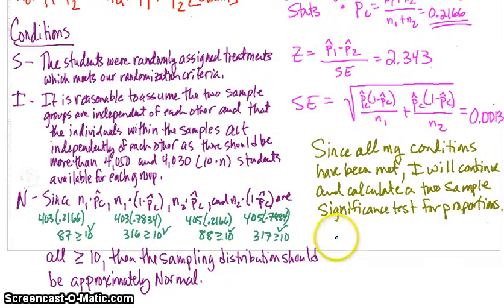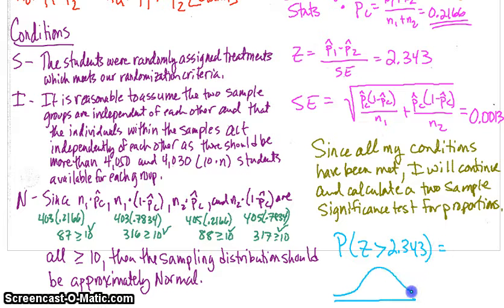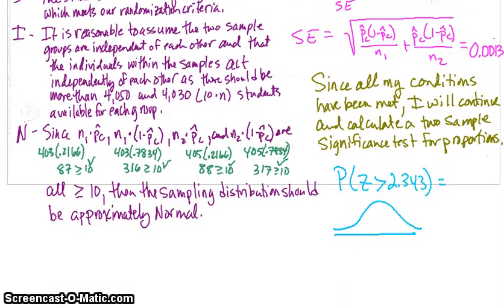So I'm going to say probability that Z is greater than, show my picture, and we'll scroll down so it makes it easier to see. Oops, sorry about that.